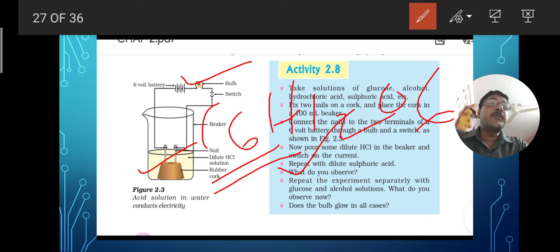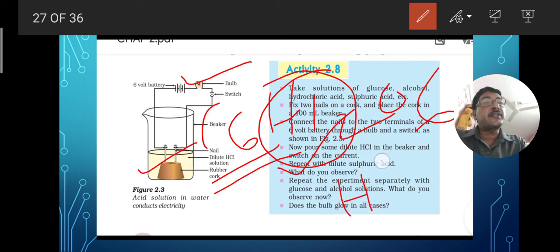What is the reason? Because this hydrogen, present as 12 atoms, does not produce hydrogen ions when it is dissolved in water. It has the hydrogen atom, but hydrogen ions will not be produced, which means it is not an acid. When it is not an acid, then definitely glucose will not be able to light this bulb.